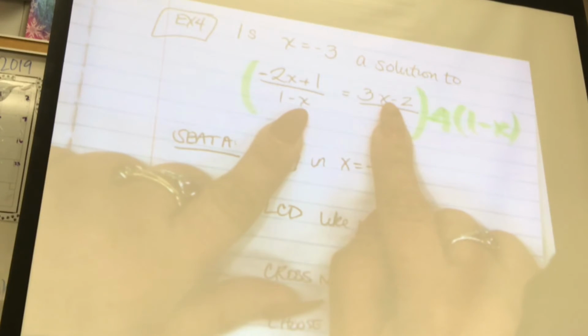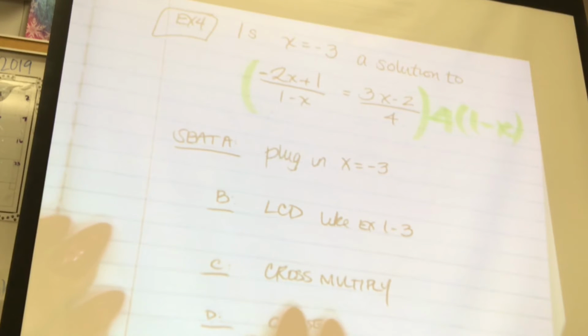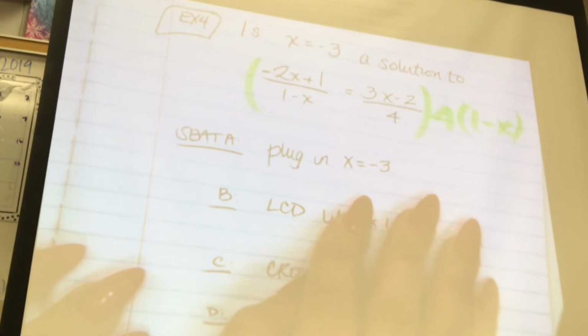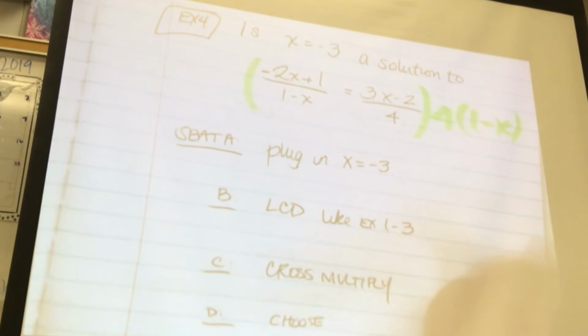Not a problem, you could, but by far the most efficient method is going to be plugging it in. Everybody with me? Look at LCD. You got 4 and a 1 minus x, and you're going to have to multiply on both sides. It's just not fun. Okay?